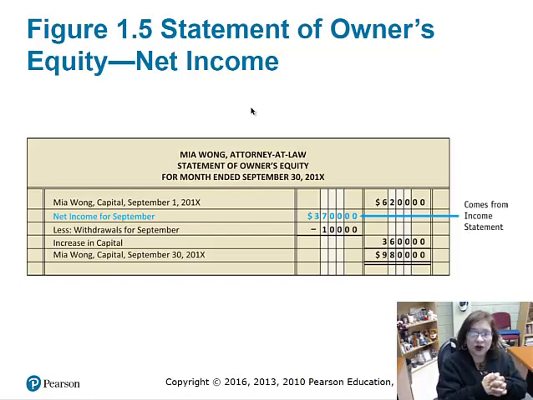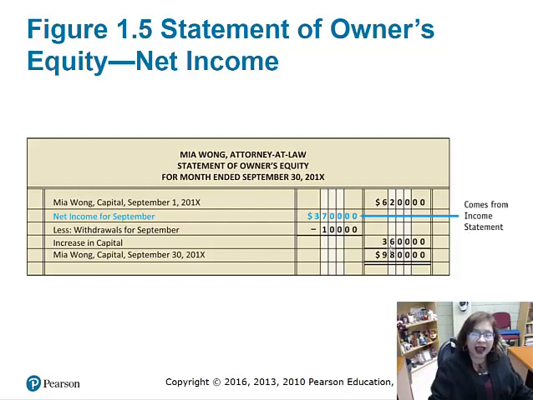So in this, you have now the equity of the owner, the statement of owner's equity, meaning you show the net income here minus any of the withdrawals. And she took some money out. She took $100 out. So there was an increase in capital of $3,600, because that's the money she brought in based on the revenue and the ending balances of the income statement, how much money she had left over after expenses.